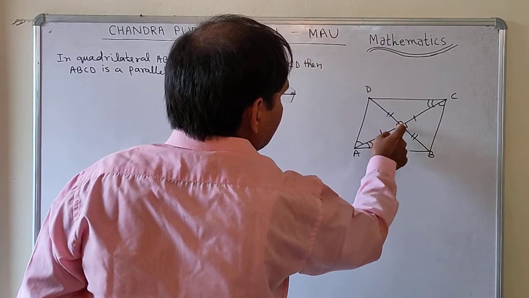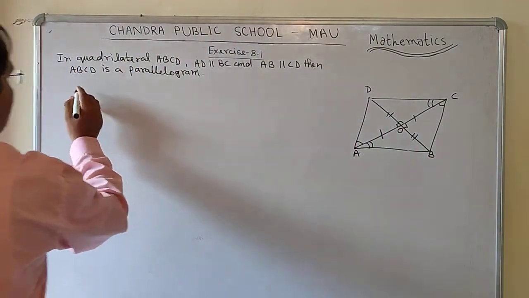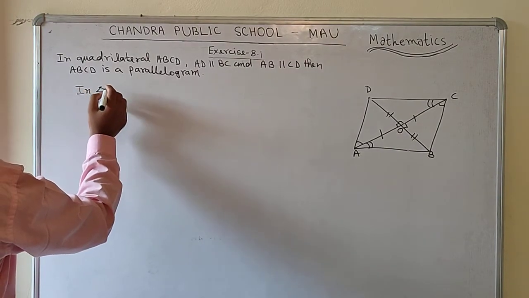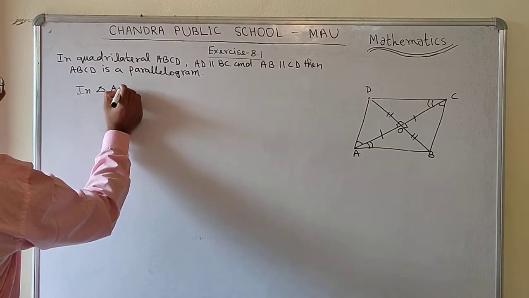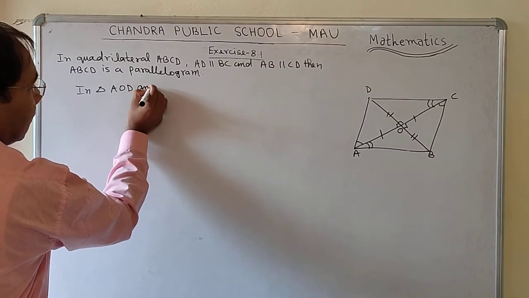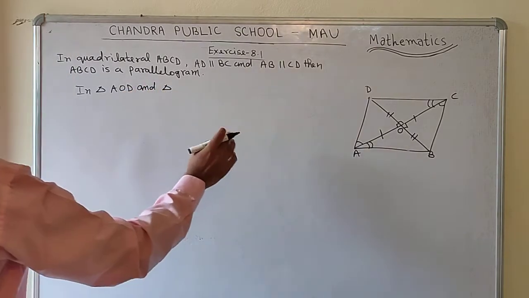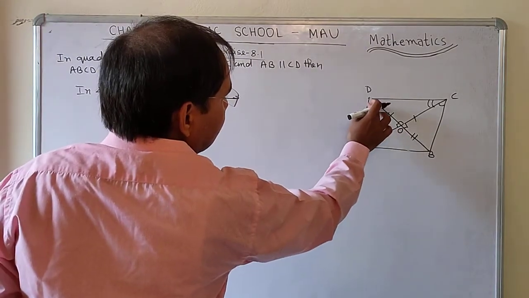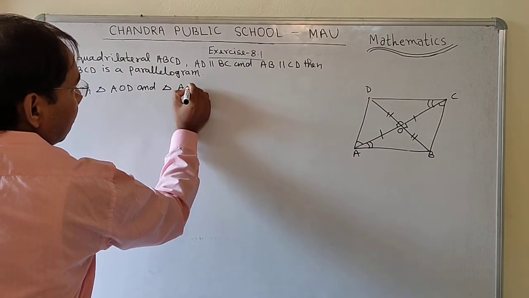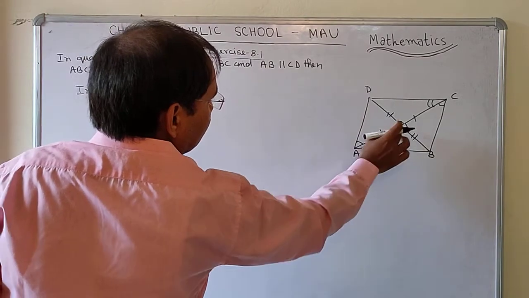These two triangles, triangle AOD and triangle AOB. I am going to take these two triangles AOD and AOB.